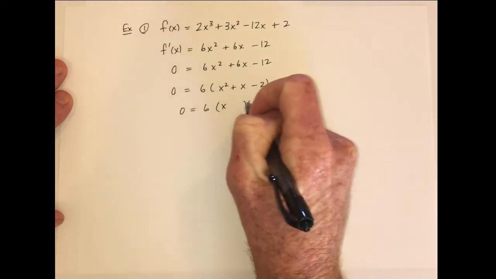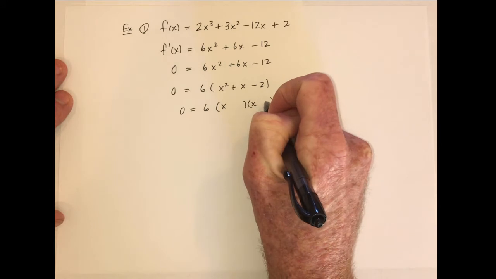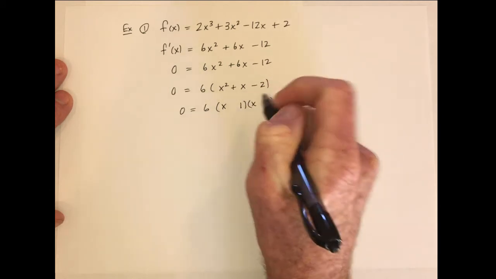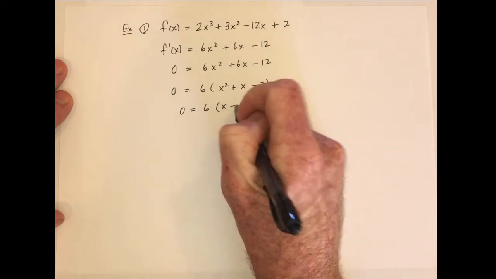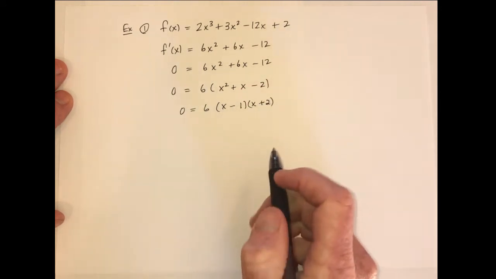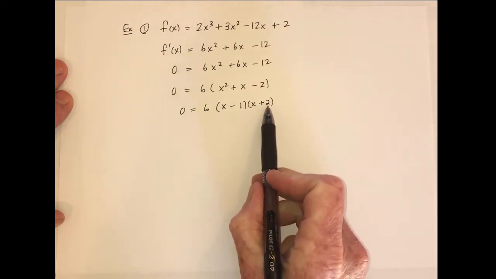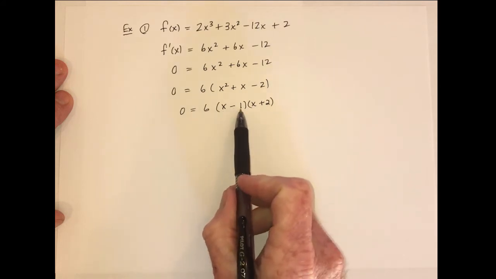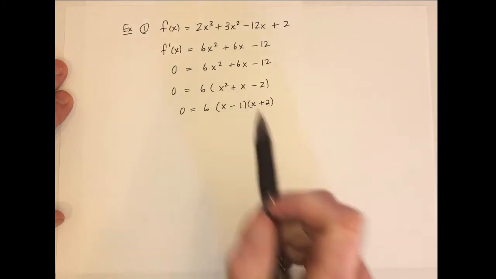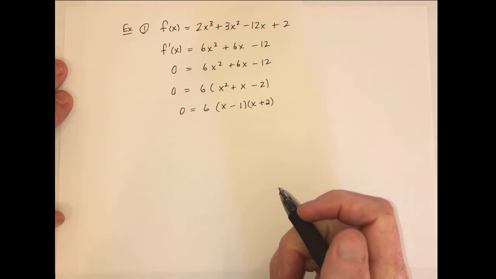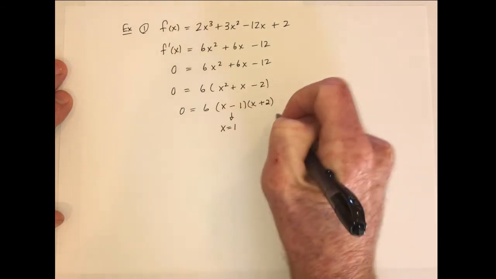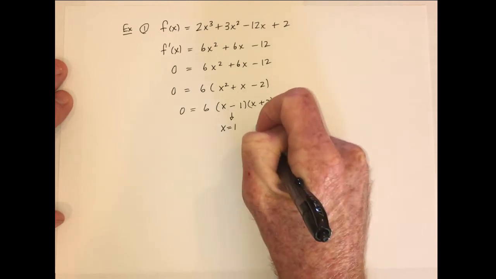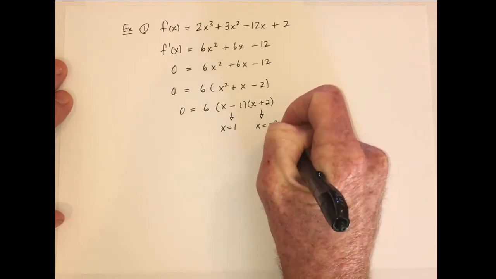So it's going to be x, and then I need a 2 and a 1 in order to get a 2 right here. And one of them has to be negative and one of them has to be positive. And then if you check the middle term, this would be positive 2x minus an x is positive 1x. So this one actually factored. So this is going to give us an answer that x equals 1. And this is going to give us an answer that x equals negative 2.